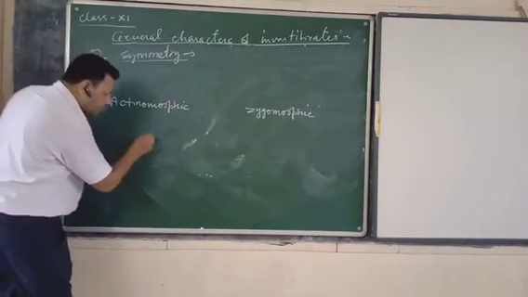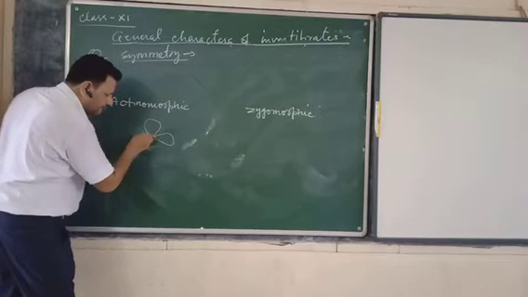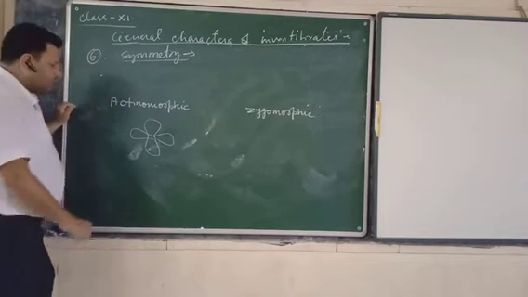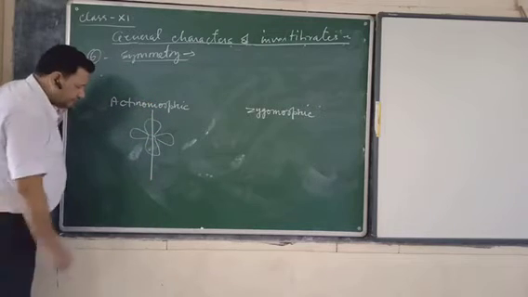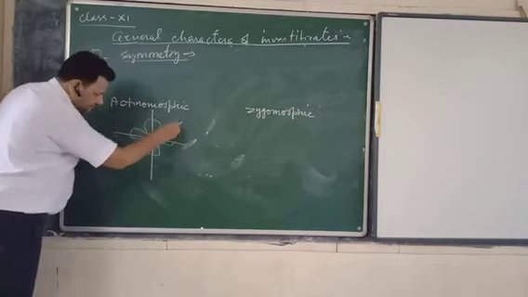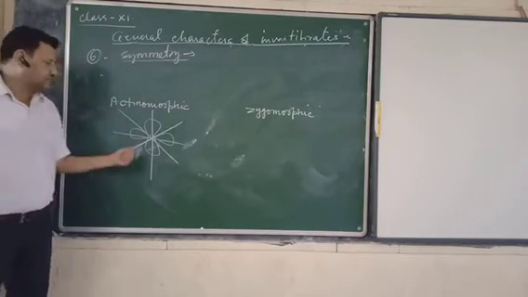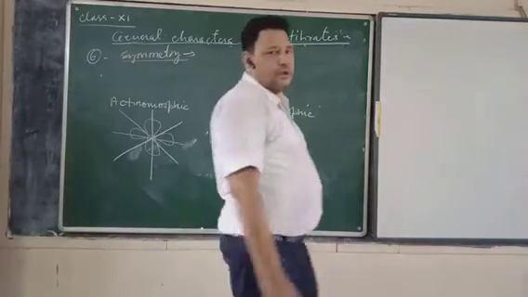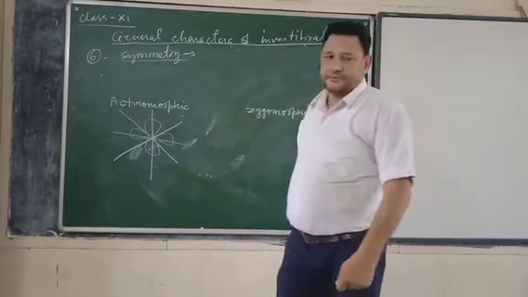Actinomorphic, you see this flower. If a line drawn passing through its center from any side is able to divide this particular flower into two equal halves, this condition is known as actinomorphic condition.